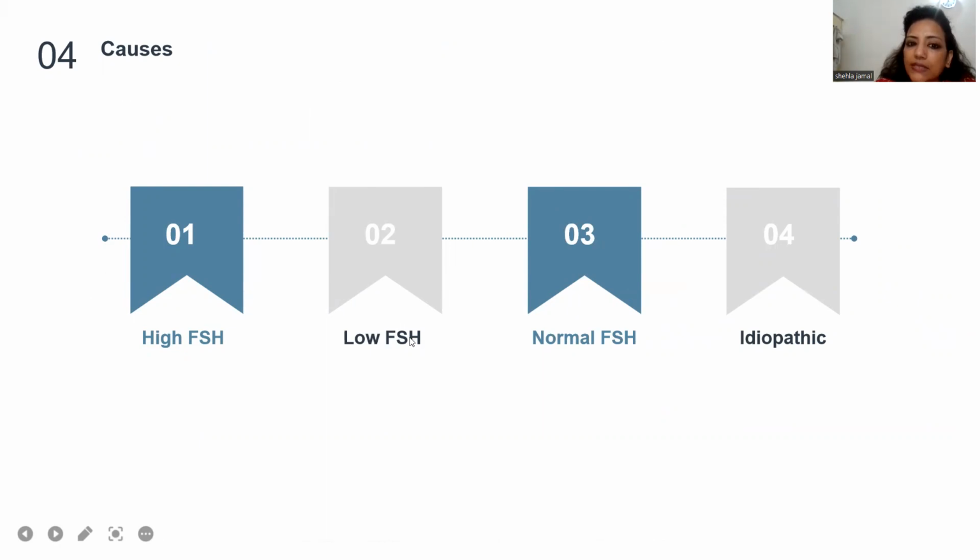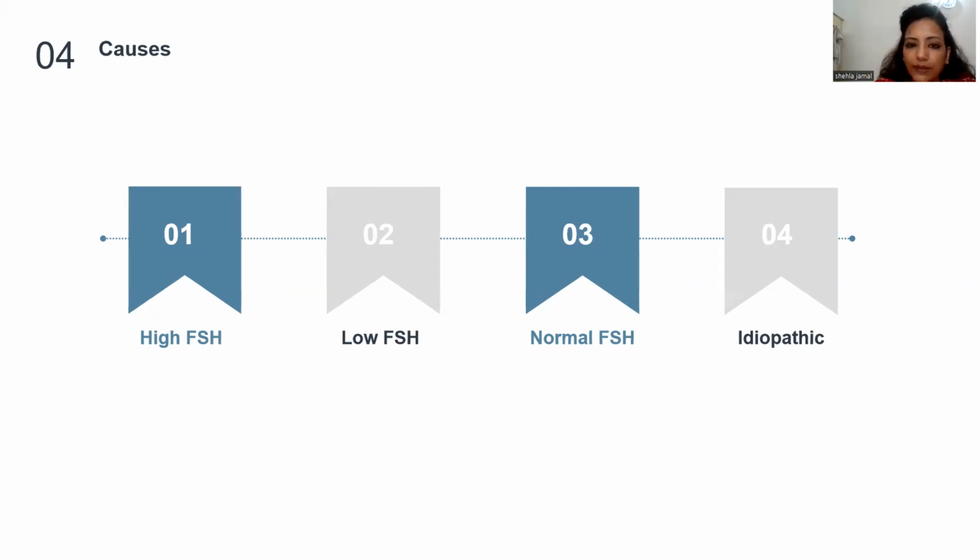If there is low FSH, it means either pituitary or hypothalamus is not functioning well. If it is high follicle stimulating hormone, it means hypothalamus and pituitary are working well, but somewhere the ovaries are not working well. And sometimes it's idiopathic, everything is perfect and normal, still the patient lands into amenorrhea.